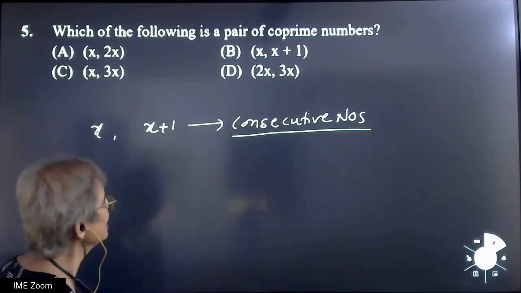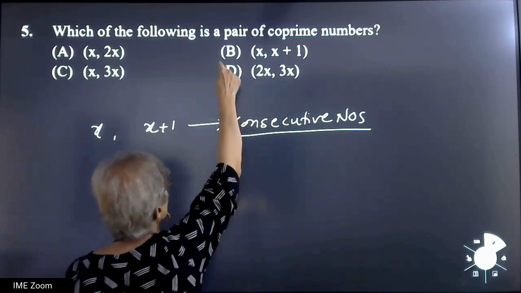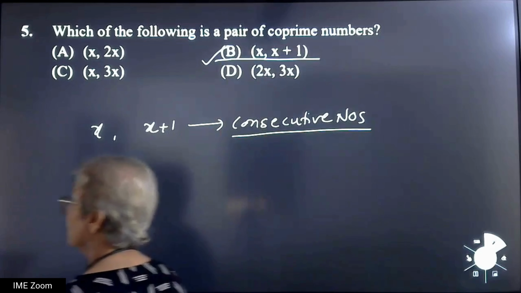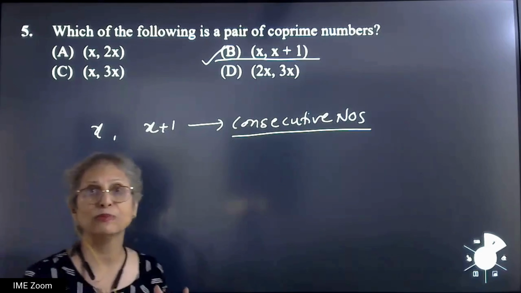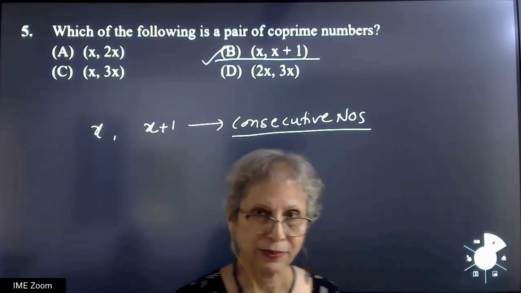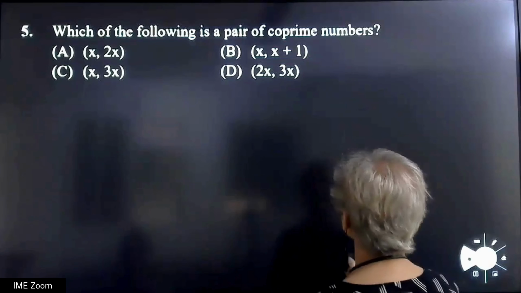So here the answer is very simple: x and x plus 1. This was a simple sum. Only don't get confused. See that there should be a difference of 1. If the difference is 1, then they are co-prime. Okay, let us move to the next.